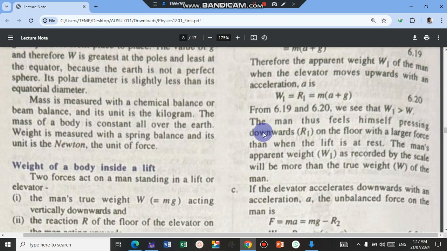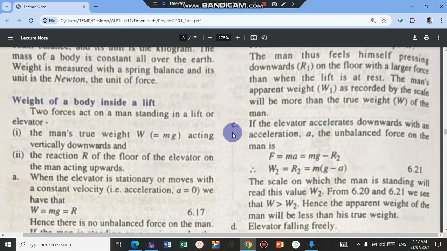So after the comparison, we see that W1 is greater than W. It means the man feels himself pressing downward R1 on the floor with a larger force than when the lift is at rest. The man's apparent weight W1 as recorded by the scale will be more than the true weight of the man. See?